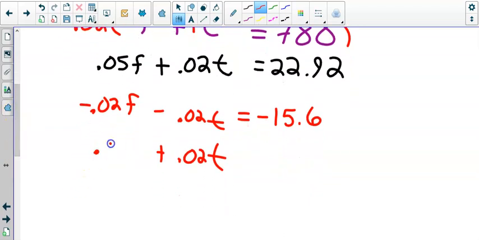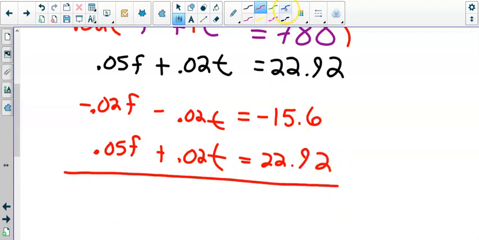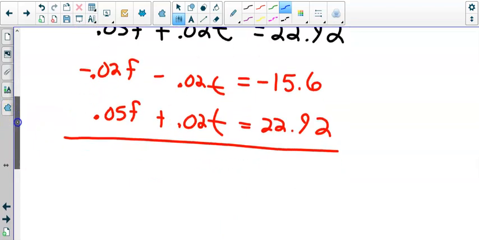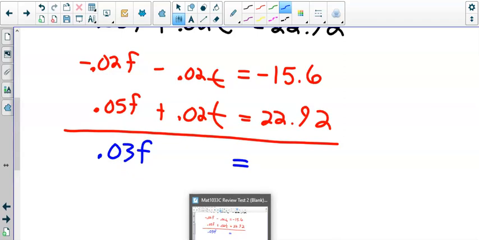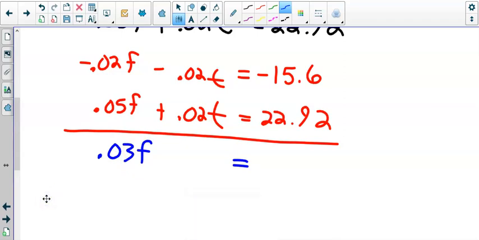You leave it alone. 0.05F equals 22.92. And what do we do now? Add down, because my t's are going to cancel out. So what is negative 0.02 plus 0.05? All right, so 0.03F, t's are gone, equal to, what's negative 15.6 plus 22.92?